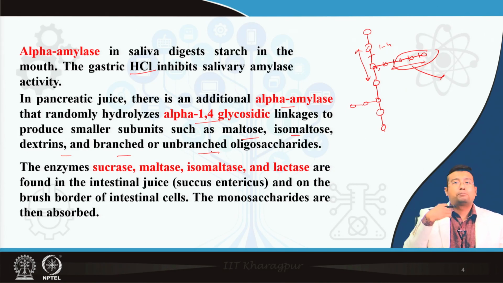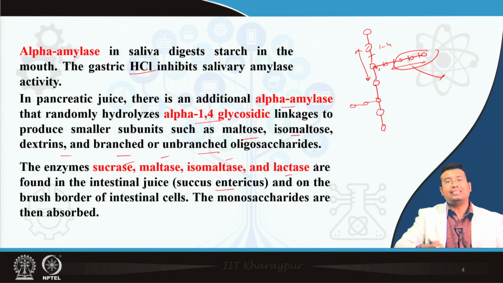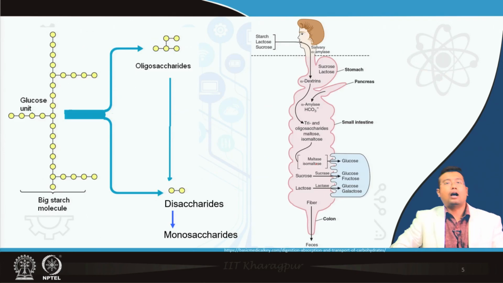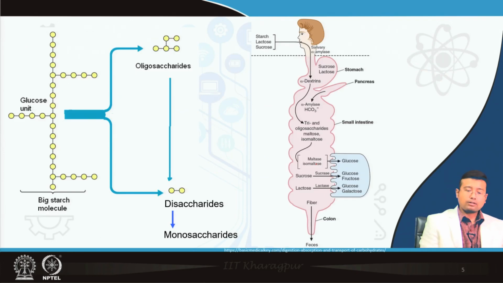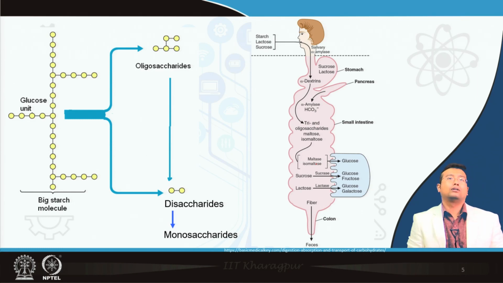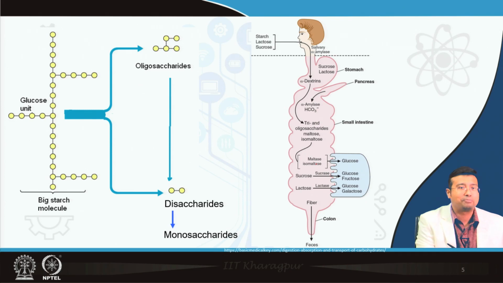Then the specific enzymes that are present in the intestinal brush border cells or succus entericus in the small intestine, that is sucrase, maltase, isomaltase and lactase, will act on those disaccharides, which will be converted to monosaccharides and then they will be absorbed. All right. So, this is an overview of how the carbohydrates are digested. So, this is the thing that I drew in the previous slide, right.